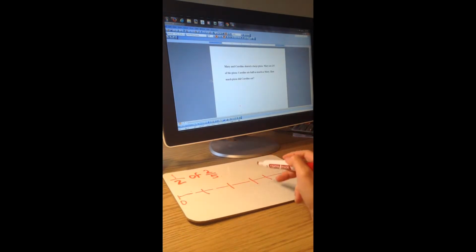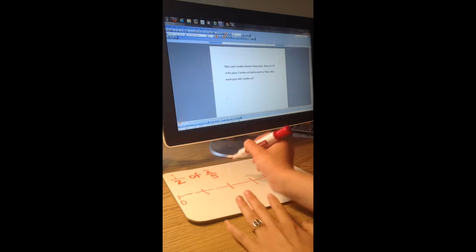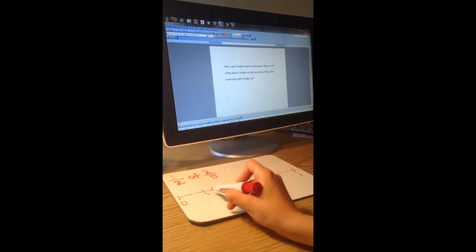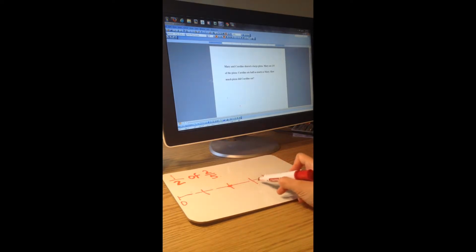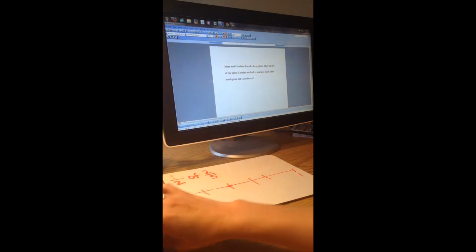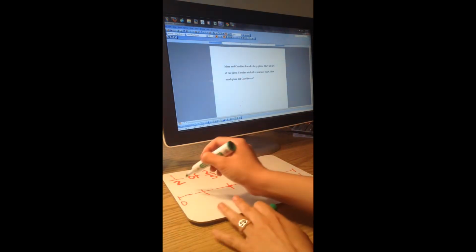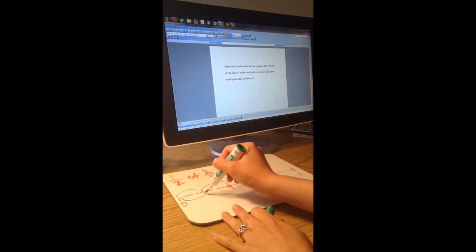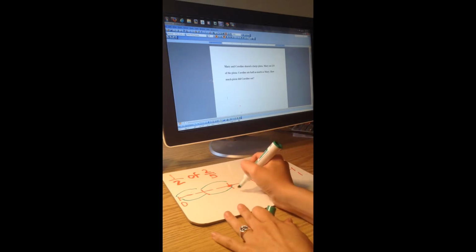It's represented like this. Now for Caroline, we know that 2/5 would be right here. There's 1, 2, 3, 4, and 5, and she ate 2/5 of the pizza. That's 1, and that's 2. So this is 2/5.